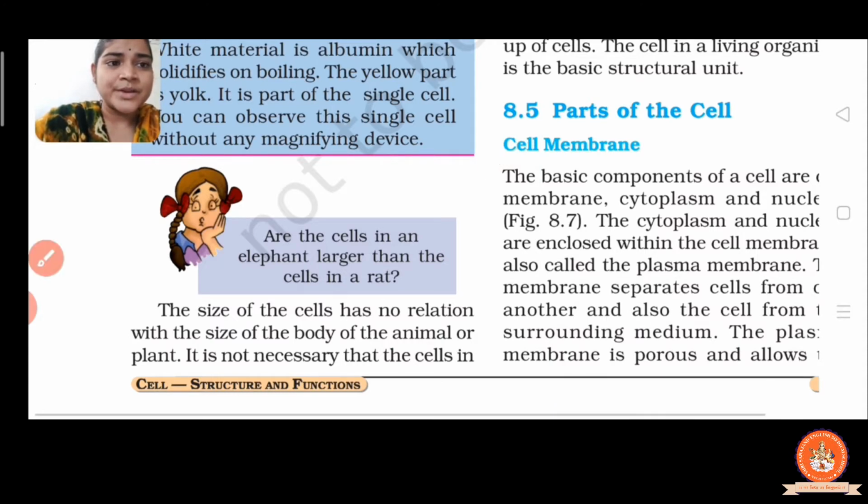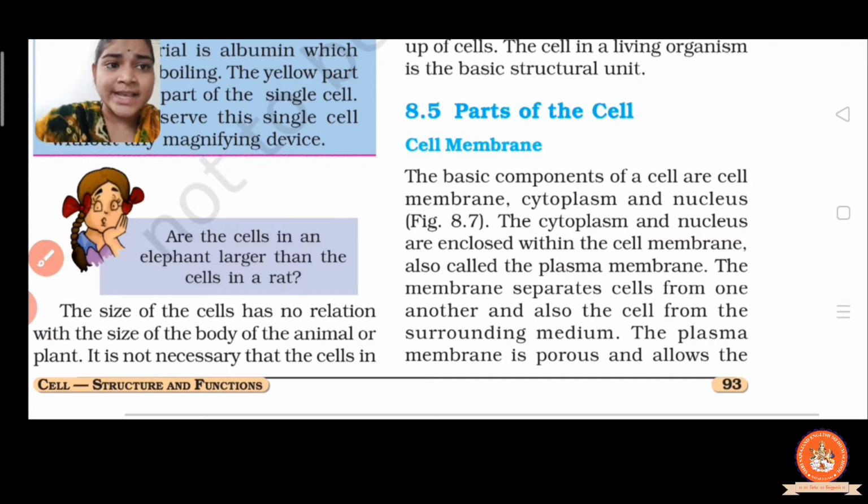The basic components of a cell are the cell membrane, cytoplasm, nucleus, Golgi apparatus, ribosomes, lysosomes and mitochondria. But mitochondria and the Golgi apparatus are not given in your syllabus; we will learn about them in further classes, in class 9 or 10, right?